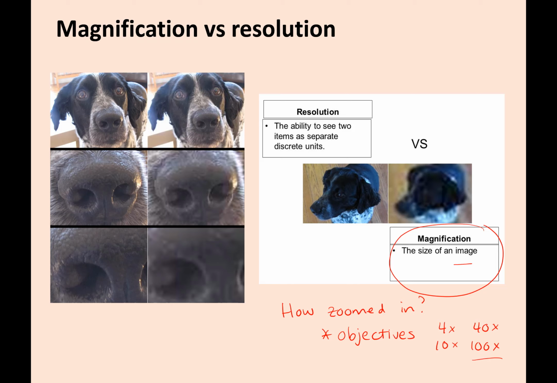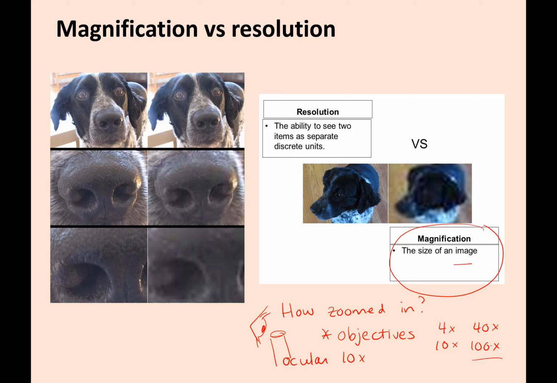Also in a light microscope, the ocular that you look through, let's see if I can draw an eyeball. Oh, no, you're going to have eyelashes coming out of your eyeball. That would be kind of gross, right? Eyeball. The ocular usually has a 10x magnification as well.